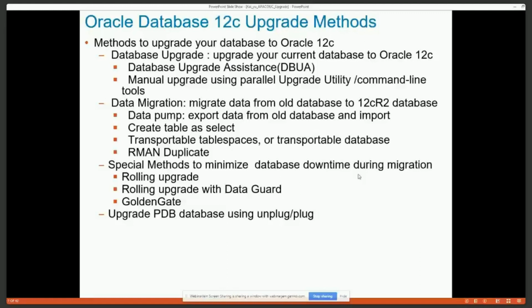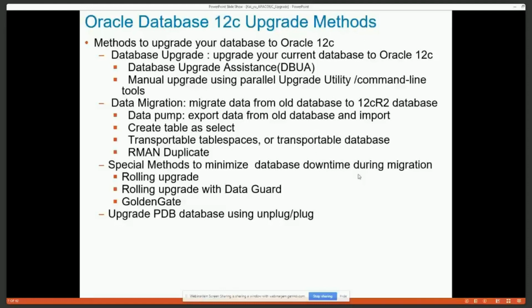So, having decided we want to upgrade, the next question is what the upgrade path is. This really depends on which database version you are upgrading from. Mainly 12C R2 or 18C are the targets.